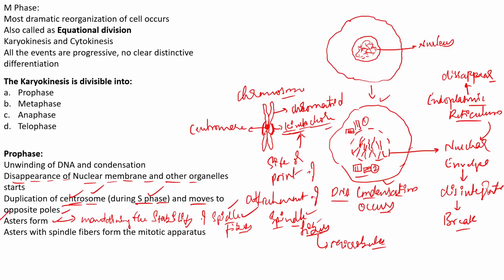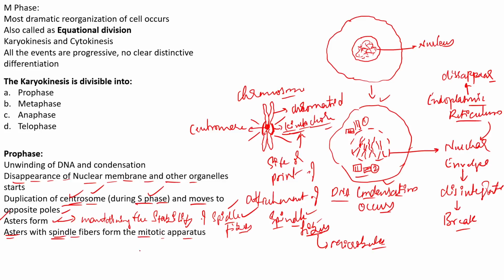But along with the asters, one more structure is observed, called the spindle fibers, and these spindle fibers are mainly attached to the kinetochore of the chromosome. If you consider aster and spindle fibers together, they form the apparatus called the mitotic apparatus.